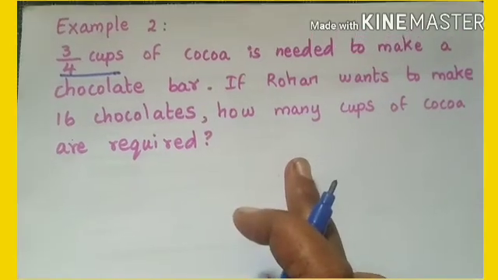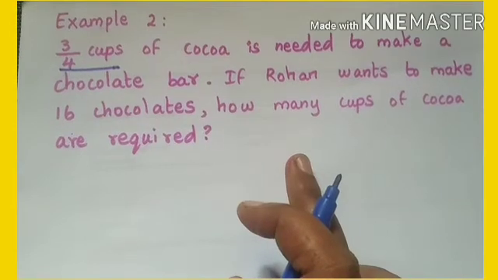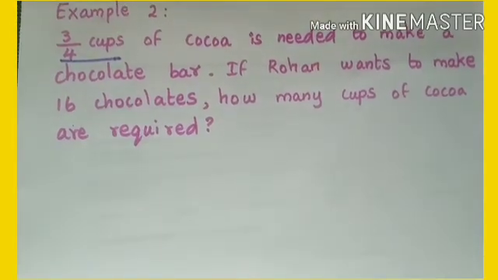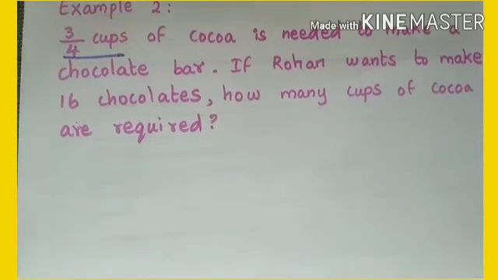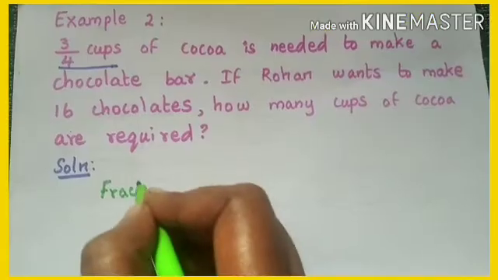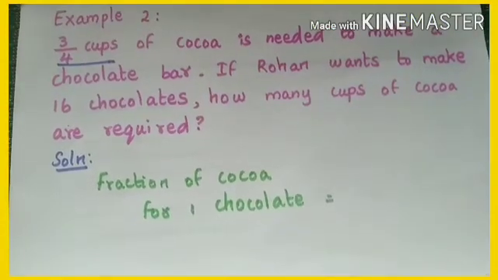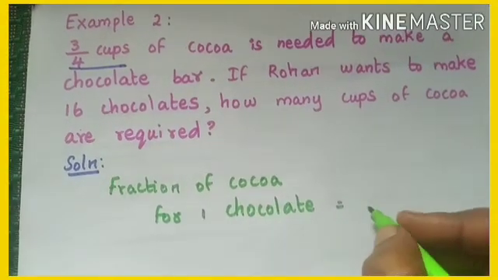Here we have to find the number of cups of cocoa required to make 16 chocolates. So we have to do multiplication. Let's write, fraction of cocoa for one chocolate is equal to 3 by 4 cups.